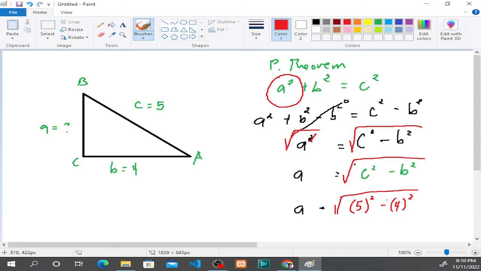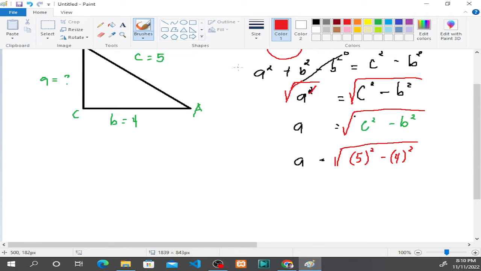That's going to be 25 minus 16, and that's 9. So the square root of 9 is 3. So a is equivalent to the square root of 9, a is equal to 3.